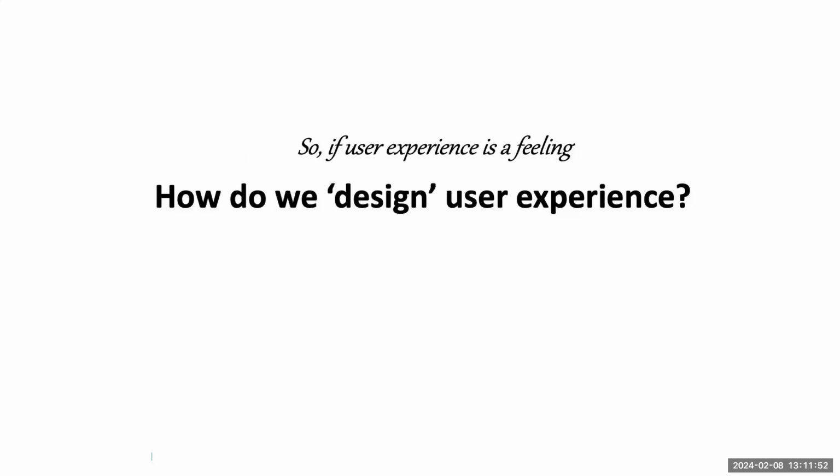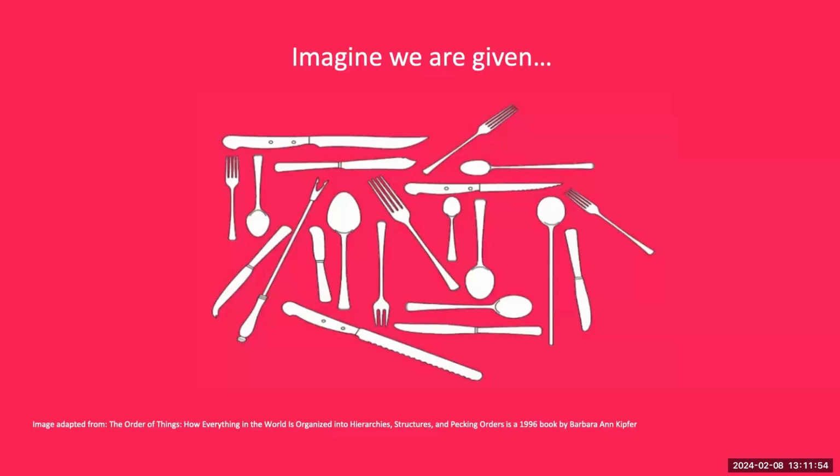Let us take another example. So we are given a bit of cutlery here. We have kitchen tools like knives, forks, different types of knives, different types of forks, spoons, eating spoon, dessert spoon, steak knife, serrated knife.